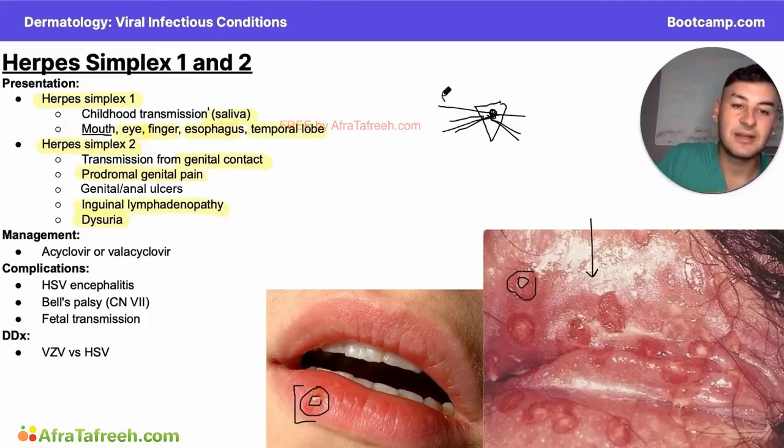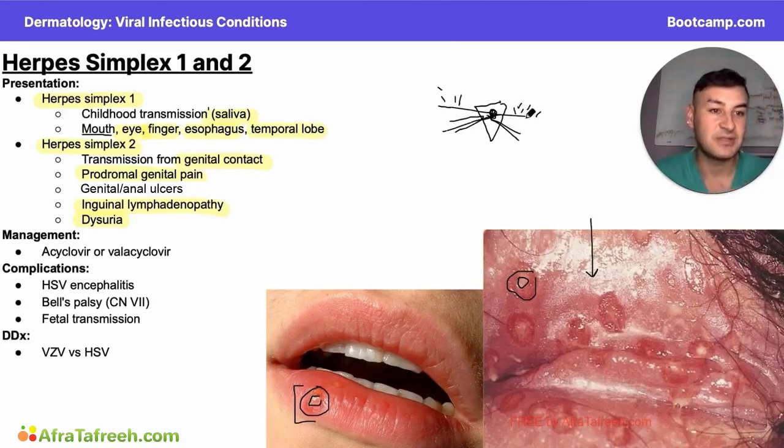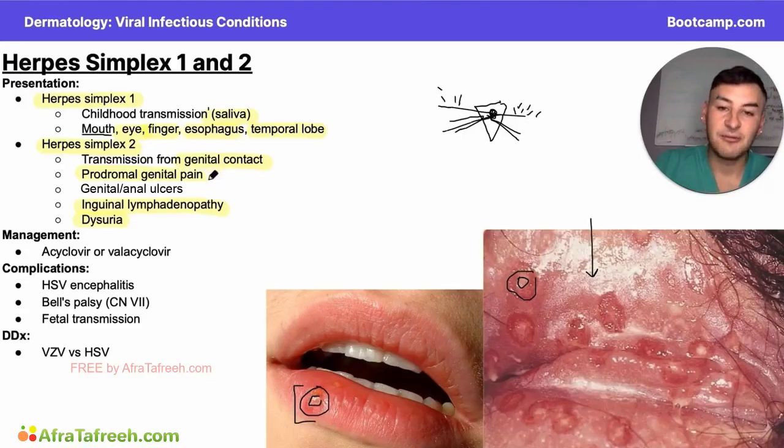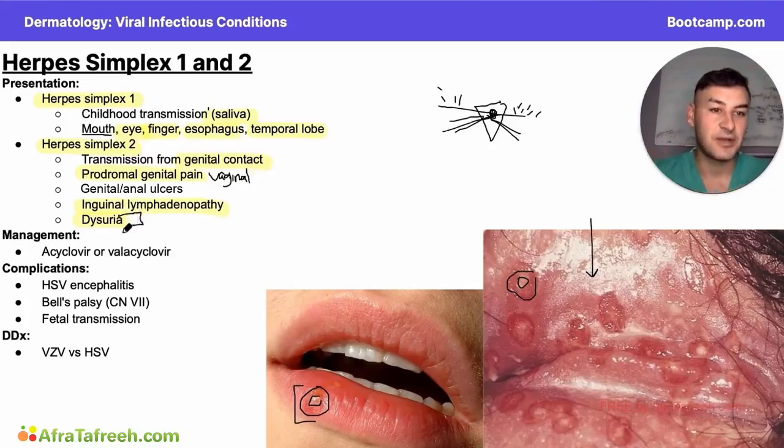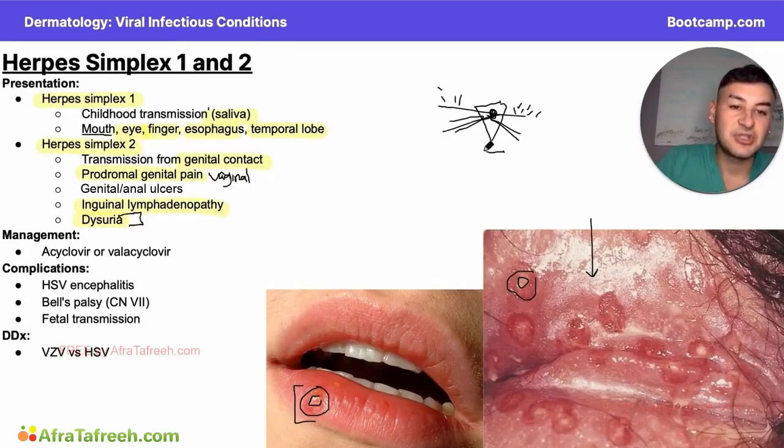So we release cytokines as we're coming up to the skin, and that causes an itchy burning sensation before patients actually feel lesions, okay? And this prodromal pain is going to be really, really common with the vaginal HSV2 infections, okay? Now, why do these patients get dysuria? This is not necessarily a UTI or an infection of the urethral tract. The reason is these sacral plexuses actually serve the structures of the bladder.